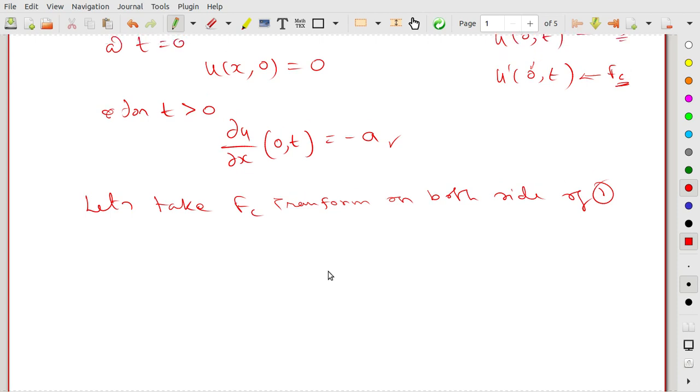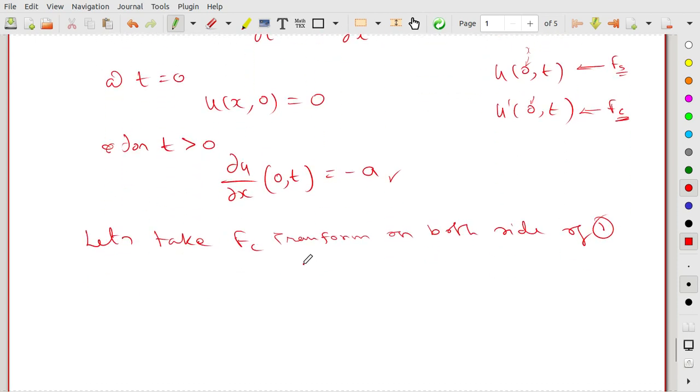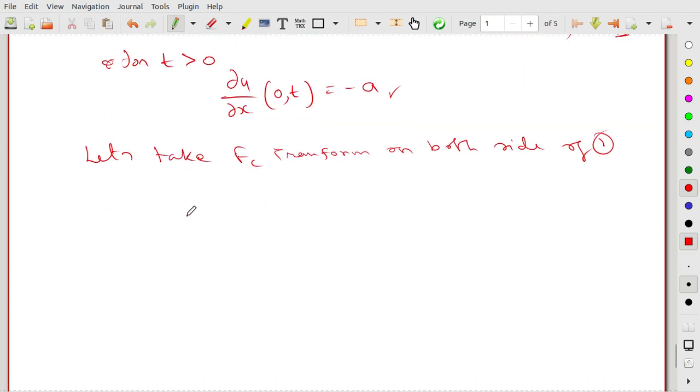So if we take Fourier cosine transform, then we have Fourier cosine transform of dou u by dou t is equals to Fourier cosine transform of dou square u by dou x square.